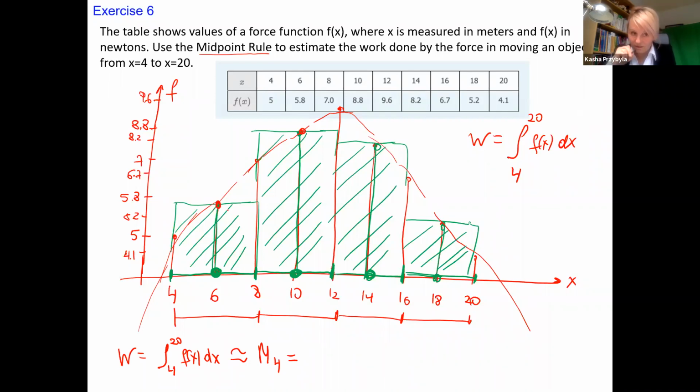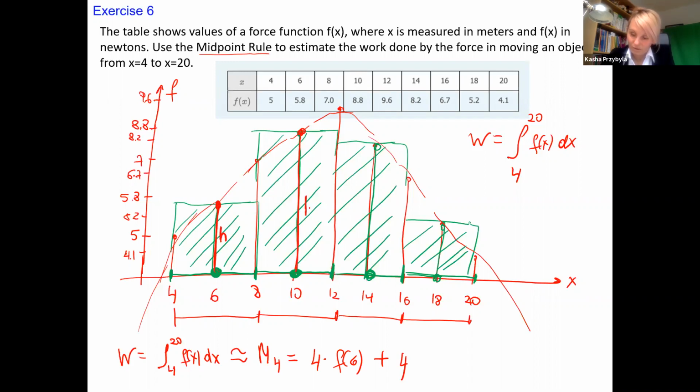I need base times the height. What is the base? How many units do we have in the base? 4. For each of them it is 4. That means we have 4 times the value for 6. Yes, 5.8. Thank you.